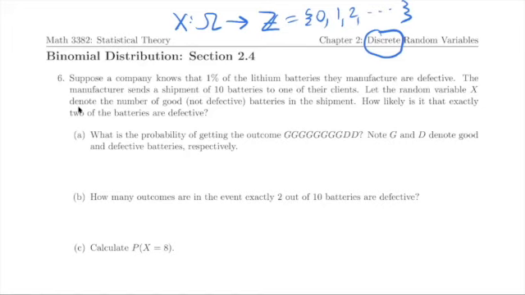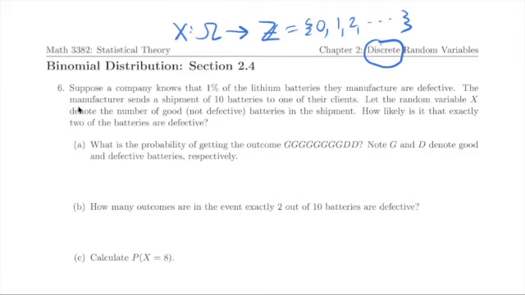And again, the three conditions that we need to check in order to have a binomial distribution are that, first of all, we have a fixed number of trials. So we can think about each battery that's being sent in this shipment as a trial, and we are sending out 10 batteries, so our number of trials would be 10 in this case.